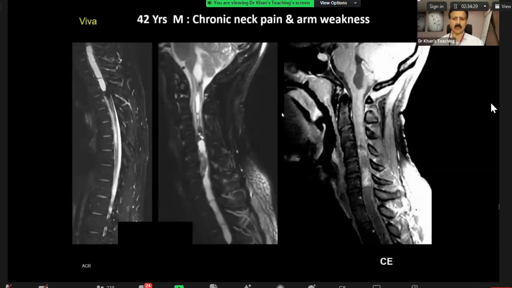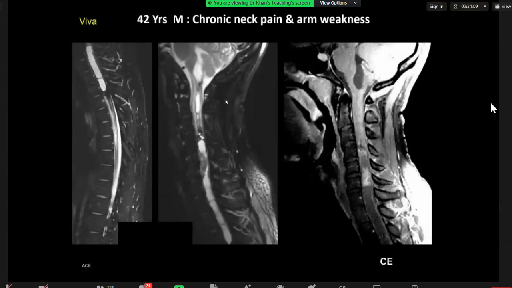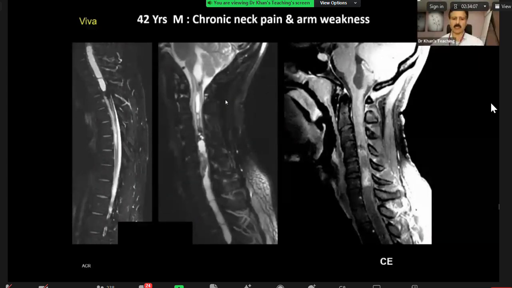Very good. So in this particular case, it's a long segment lesion, but astrocytomas at times can be even longer, and to get a four segment long astrocytoma is quite usual. So that is not a discriminator. In this case, the tumor itself is enhancing, but the key finding for the exam is hemosiderin, and we call it a cap sign.